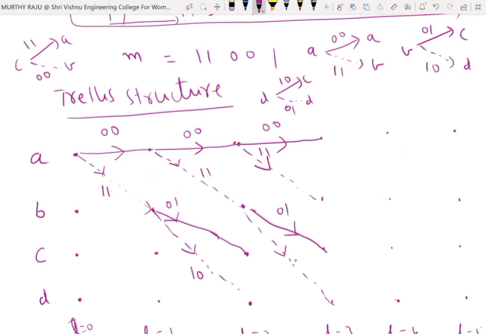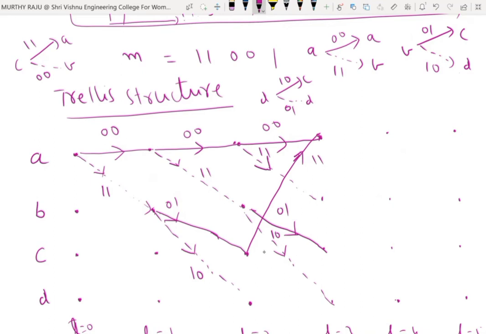B to D, 1 0. Next C to A. This one is C to A, this one C to A, with output 1 1.